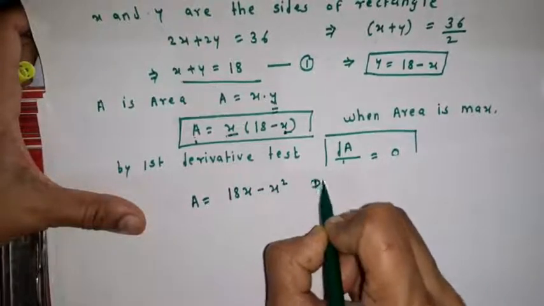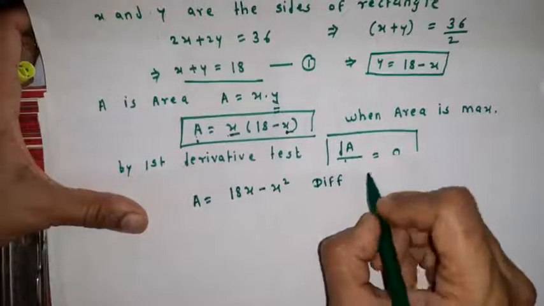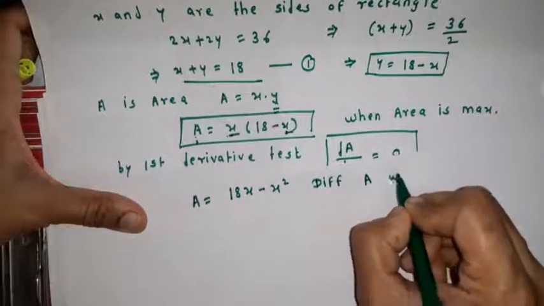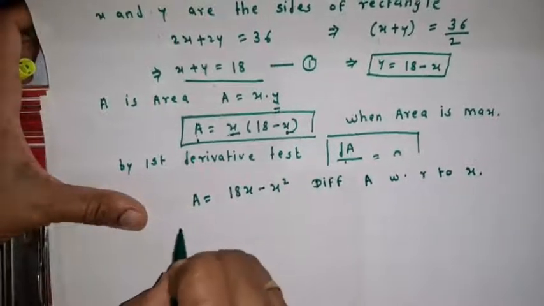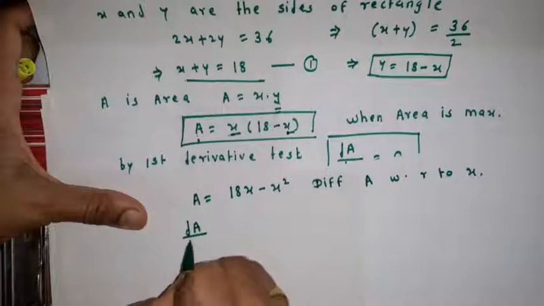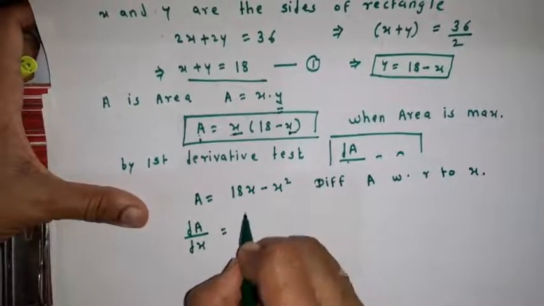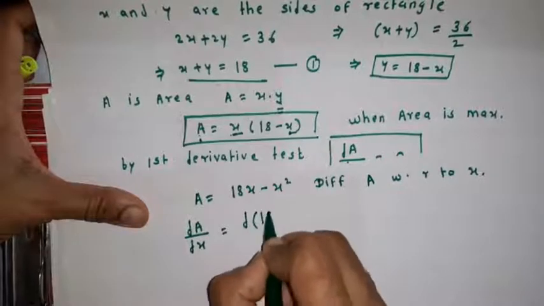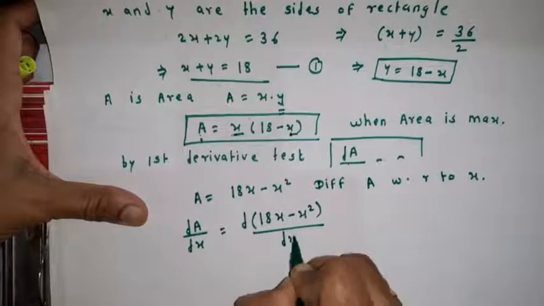Now differentiate the area with respect to x. dA by dx is the differentiation of 18x minus x square with respect to x.